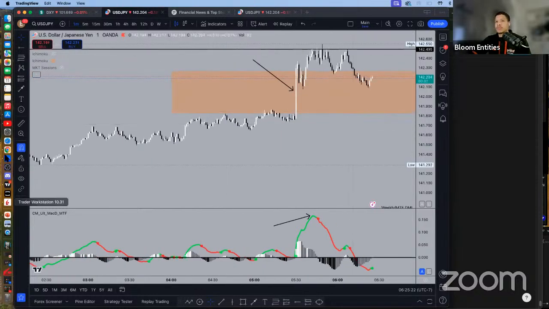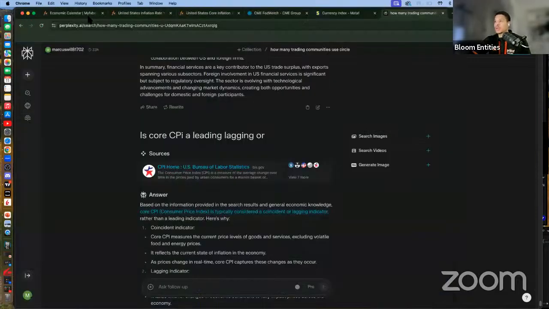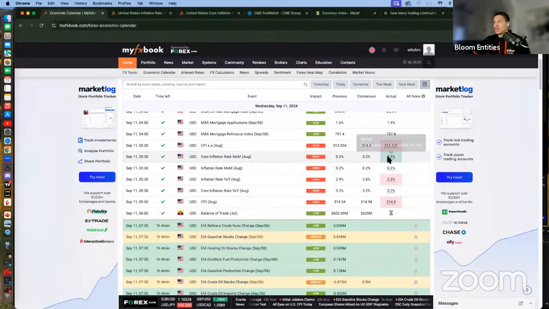Let's get back to it here, this one here. So even though it wasn't substantially off of the consensus, it still was bullish, right? And it still showed itself, right? Per the role of that folder being a lagging or coincident indicator.